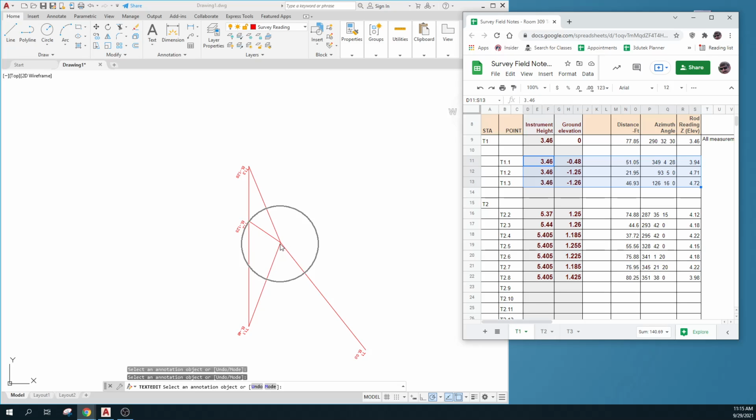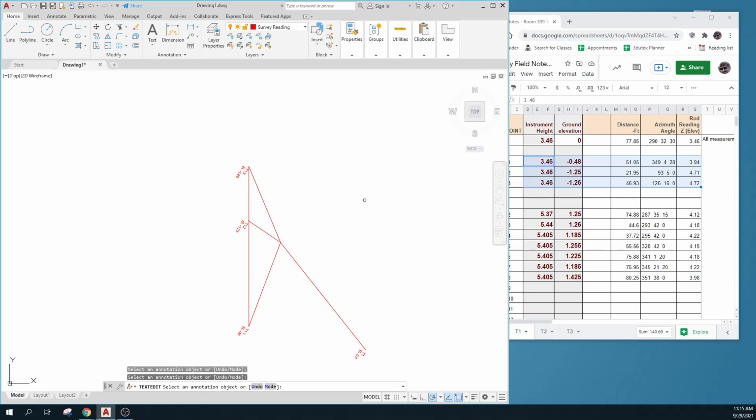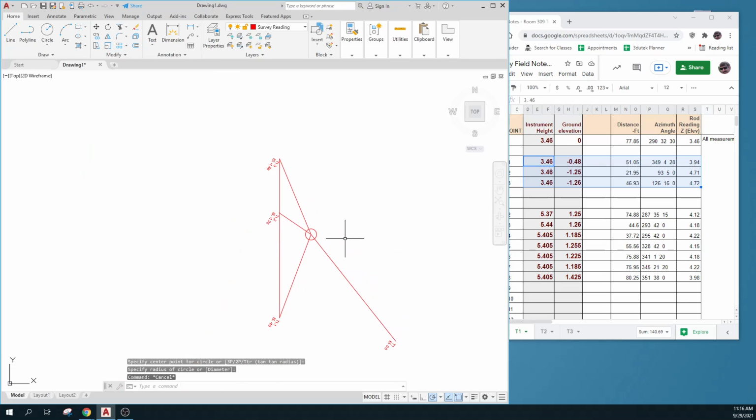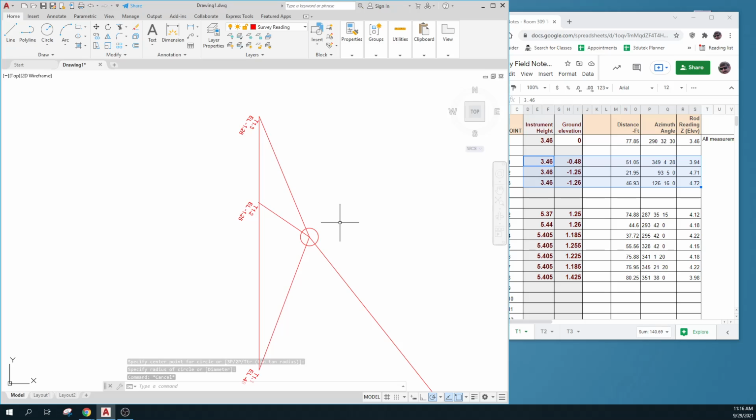Okay, and this point right here was my, golly, there is something really wacky about my AutoCAD on this one. I wonder if they've got something weird going on.